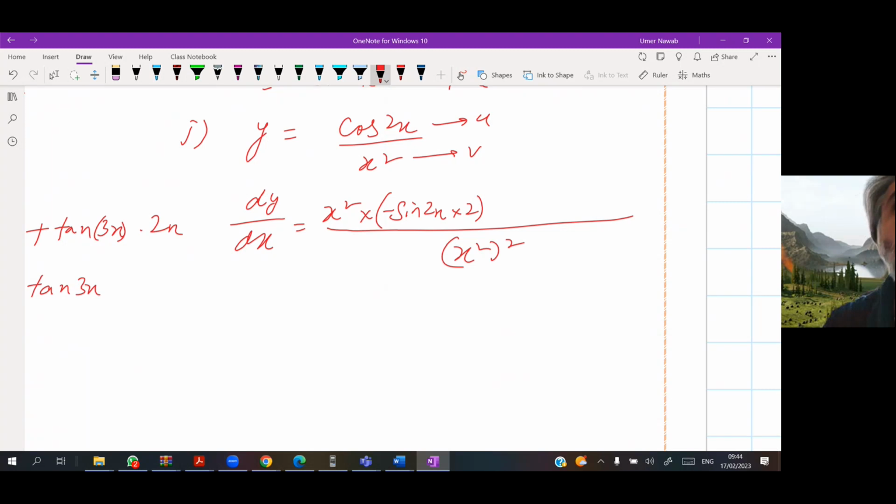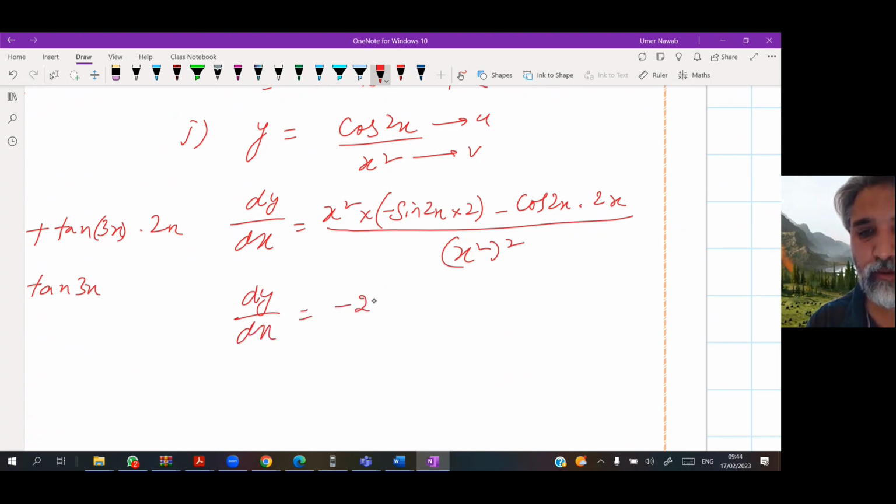Further derivative of 2x is 2. Then minus cosine, write the u as it is. The derivative of denominator x squared is 2x.